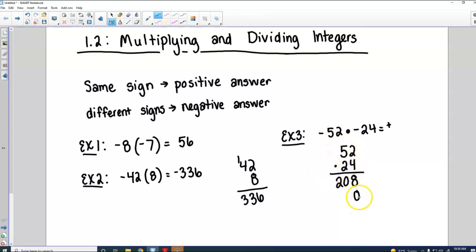So we got to put a 0 there or at least skip a spot. But I like to put the 0 so I don't get mixed up. And then you're multiplying by that 2. So 2 times 2 is 4. And then 2 times 5 is 10. And now we can add these two together. So we got 8, 4, 2, 1. So we get 1,248.